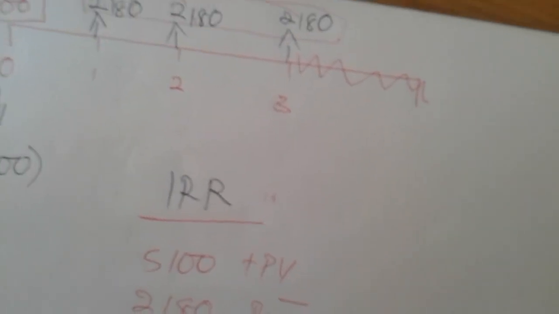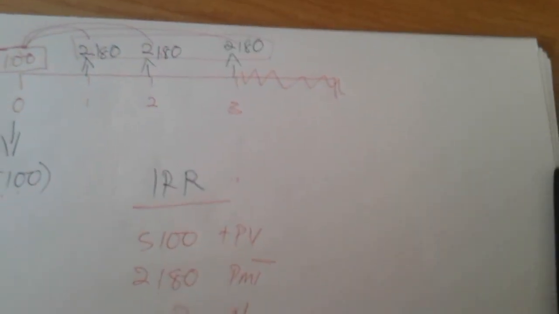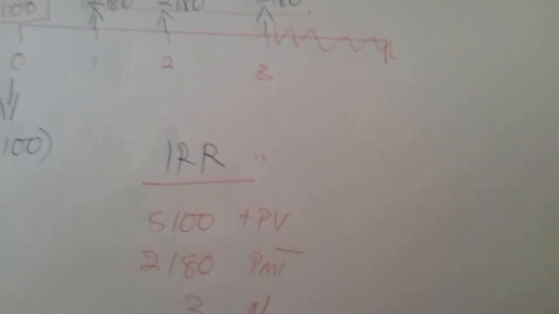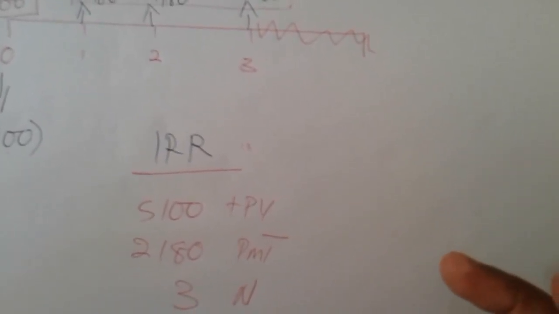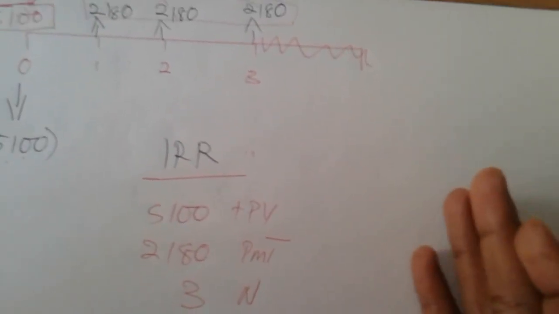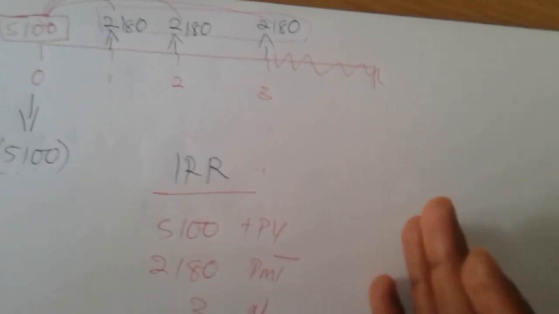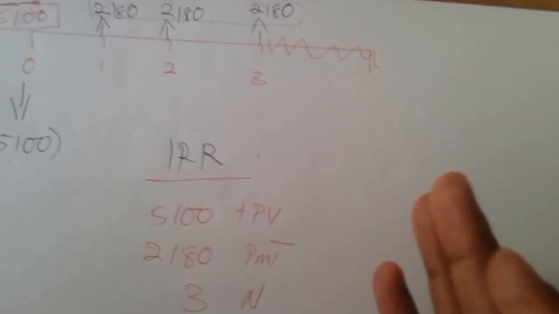Clear memory? Alright, can I see your machine if it's set on the correct mode? But I think it should be. Second function per year. It says 1. It's correct. Now redo that. 5.1 plus minus PV. Right? Then 2180 PMT.